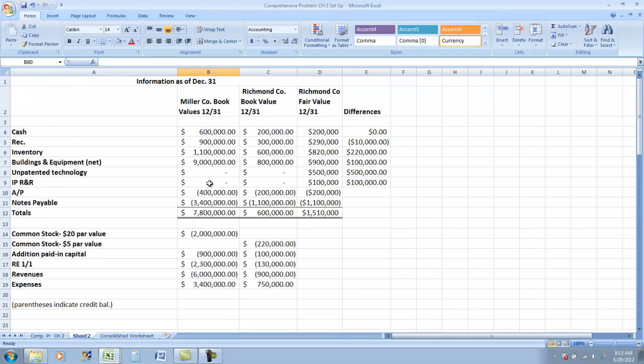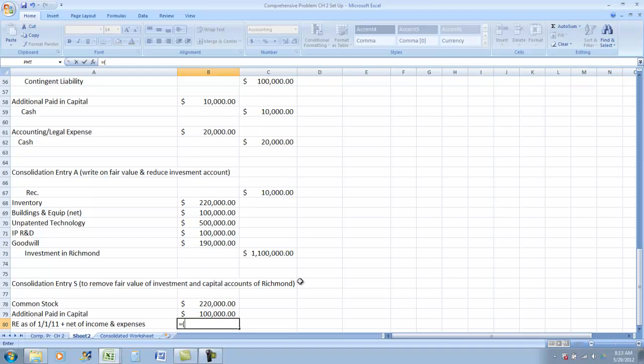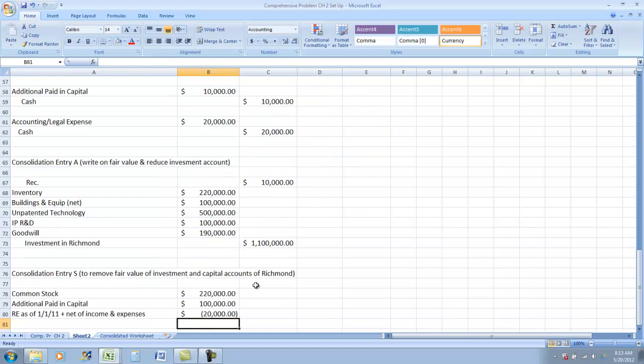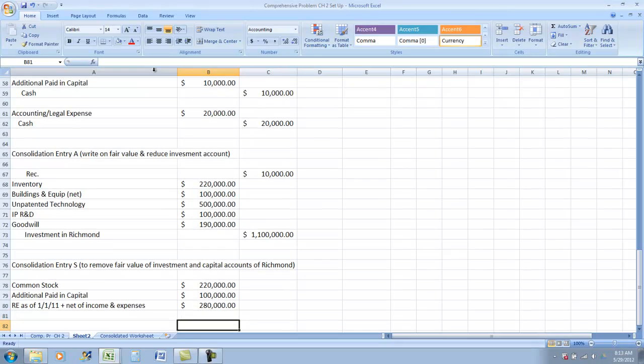And our retained earnings equals 130,000 minus, 900,000 in revenue minus 750,000. So we're taking this account plus this account plus this account, and it's plus. So that gives us 280.